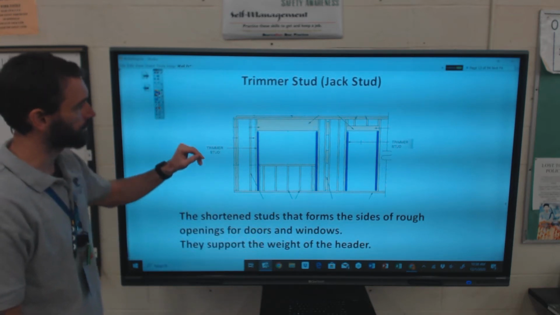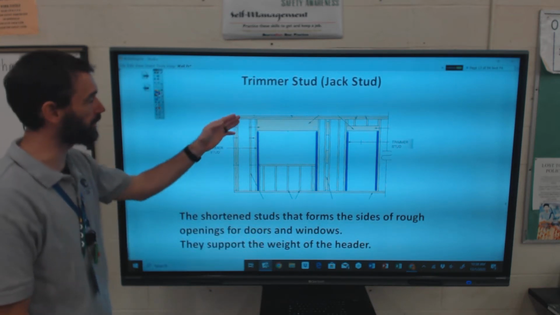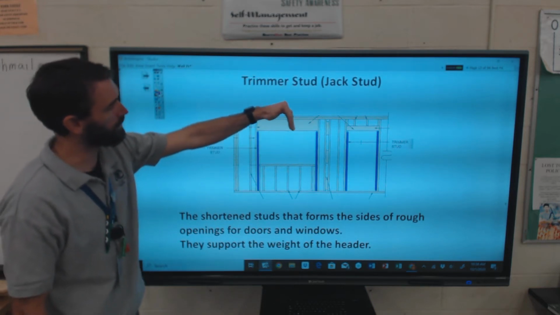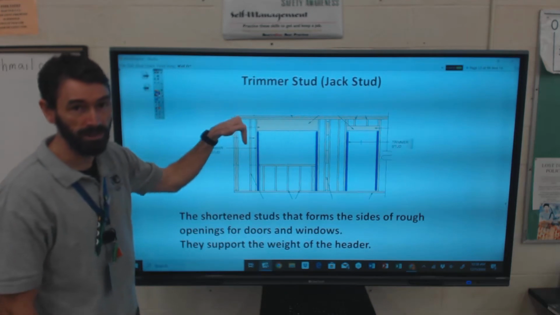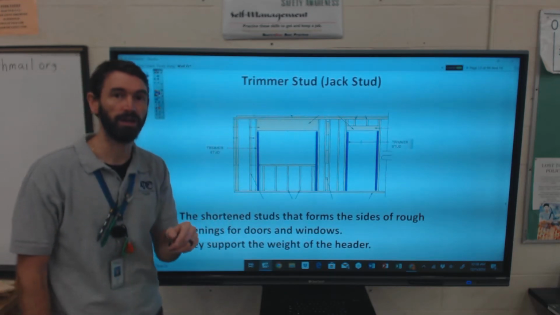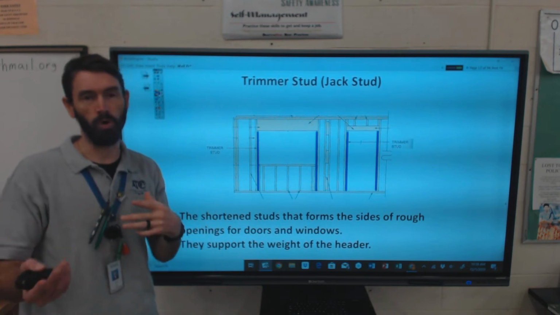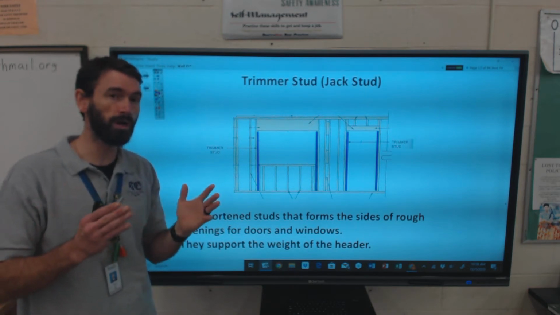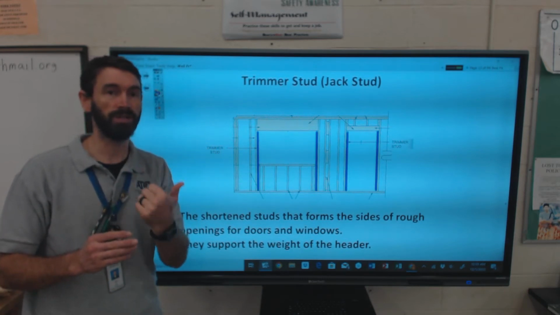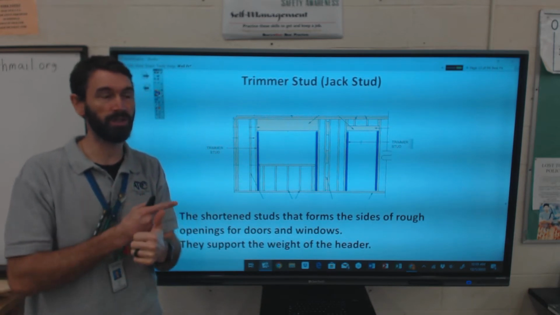So, listening to that definition and looking at the photo, you can see the blue line here and here. Notice it's the inner board of this little stud pack here. On any wall, like window or door, you're going to have multiple studs at the sides. One's a jack stud. We're going to talk about the other stud in a minute.